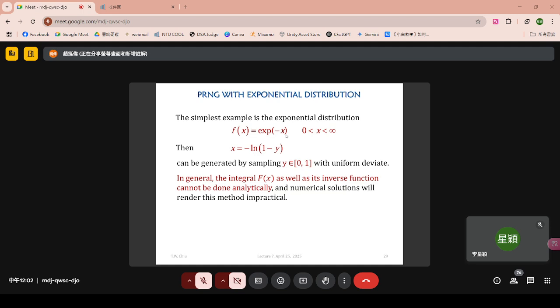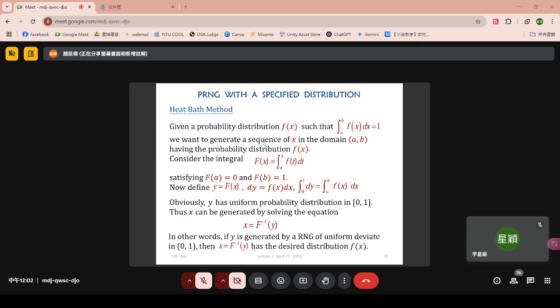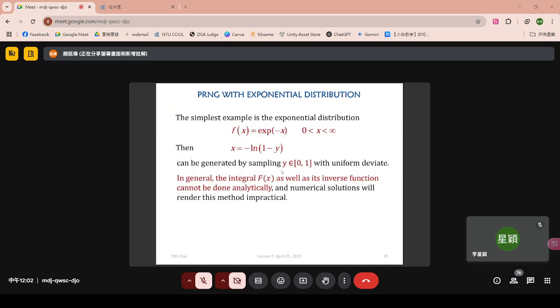Then you just use this prescription, the heat bath method, and you can easily obtain x and y. So y is sampled with the uniform deviate from 0 to 1. Once you get y, you put it in this formula, then you get x, and x is distributed according to the exponential distribution.